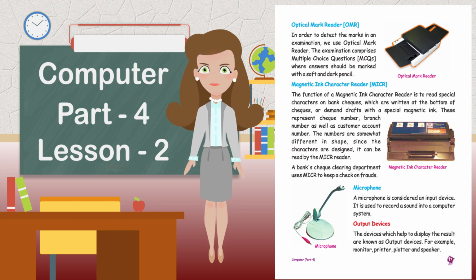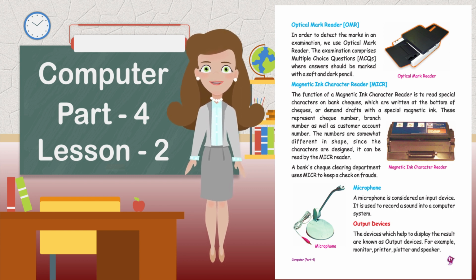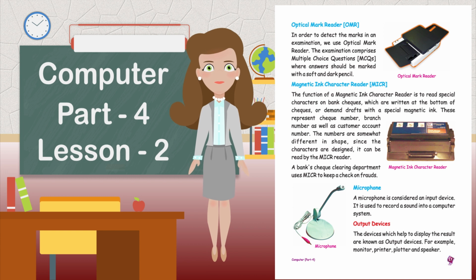These represent check number, branch number, as well as customer account number. The numbers are somewhat different in shape. Since the characters are specially designed, they can be read by the MICR reader. A bank's check clearing department uses MICR to keep a check on frauds.